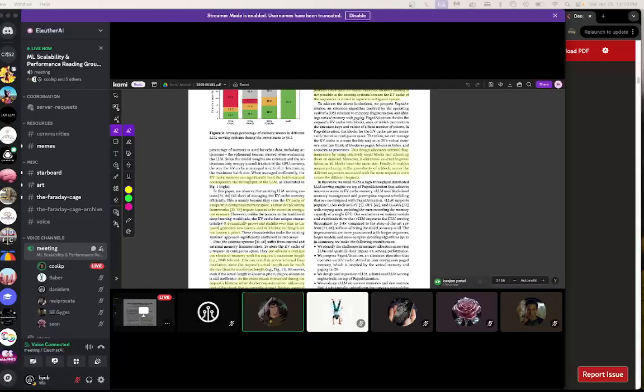The key value cache is limiting batch size, because the bigger the batch size, the more key value vectors you'll have to store. A bigger batch size will give you better request throughput, so it limits your throughput more directly.